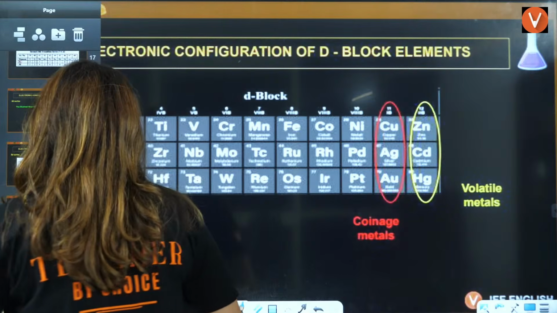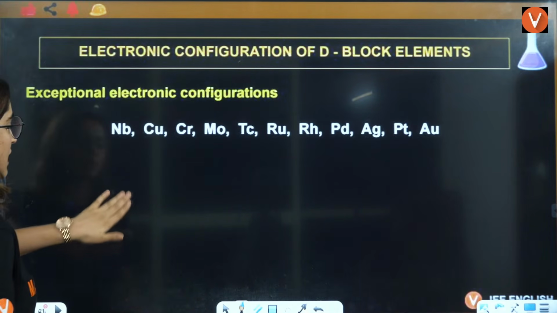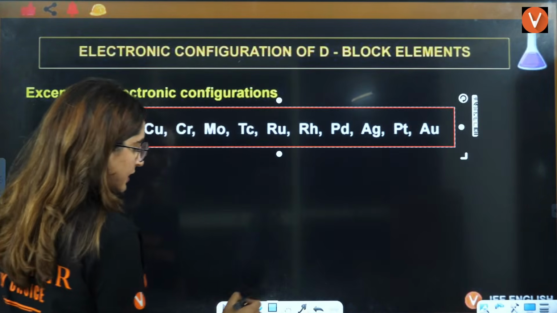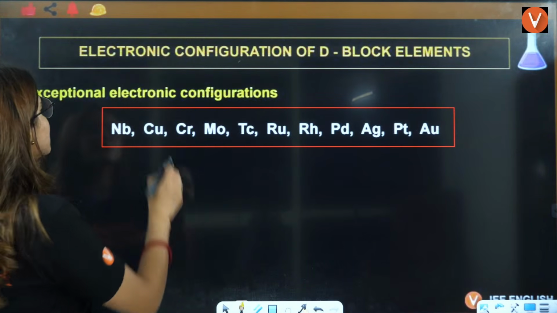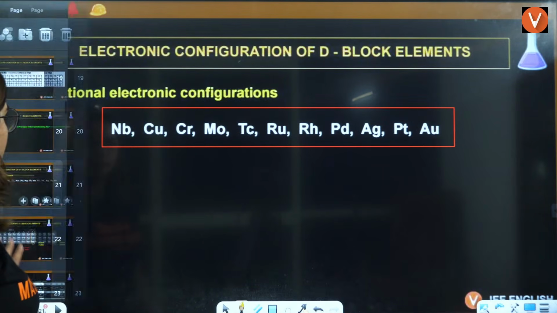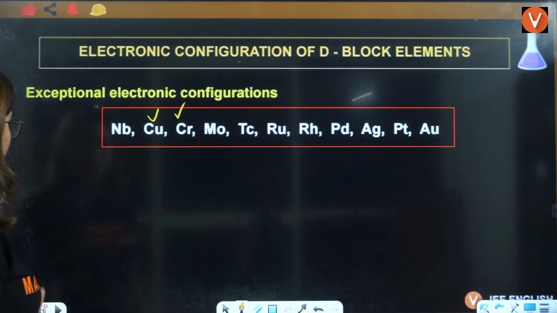Now, beta, I'm going to tell you some very important exceptional electronic configurations that you must remember, because these are exceptions. Copper, chromium, I have already shown you.